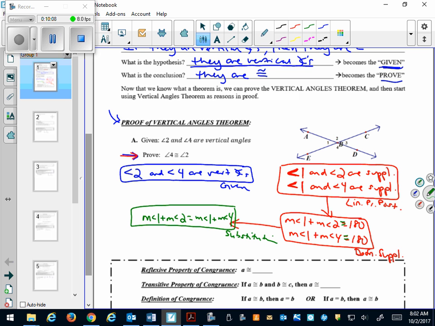Now what? What could we do to both sides of this equation? Yeah, Doug? Good, and you get measure of angle 2 equals the measure of angle 4 by subtraction.